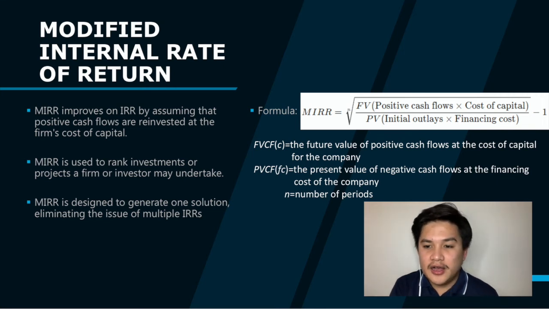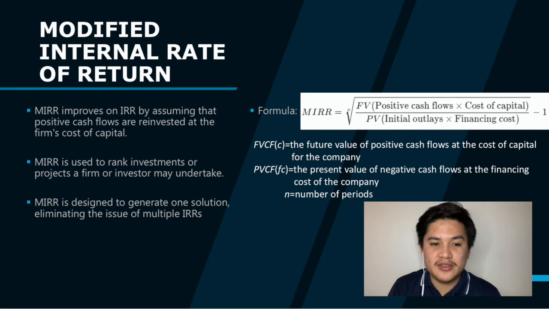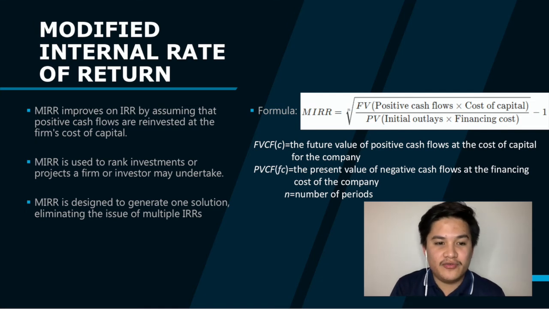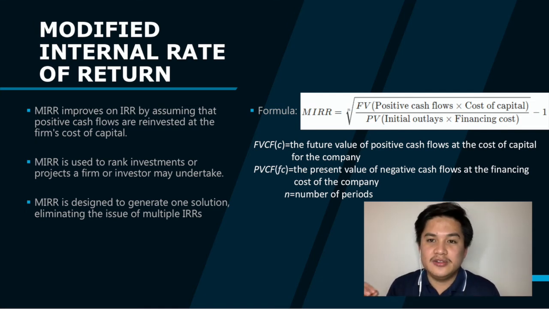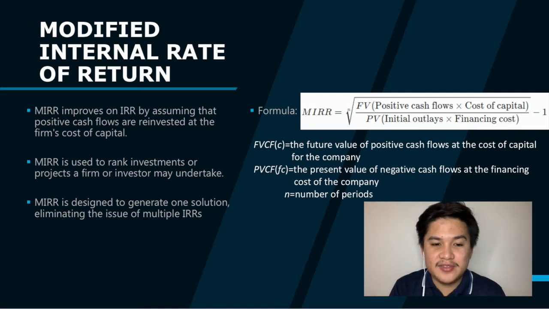In here, MIRR is the discount rate that makes the net present value equal to zero when a reinvestment rate of return is included in the analysis. So the rule for MIRR is to accept investments if the modified internal rate of return is greater than the threshold rate of return, and reject if the modified internal rate of return is less than the threshold rate of return.